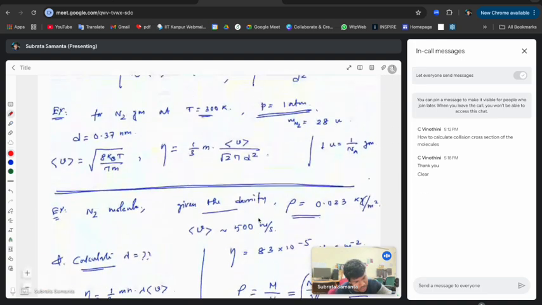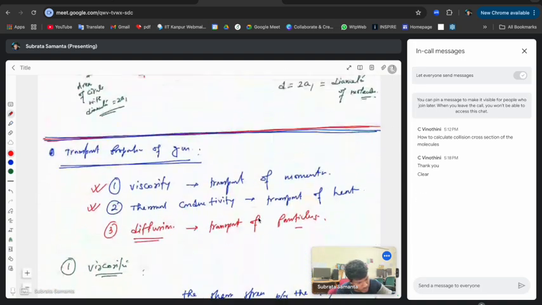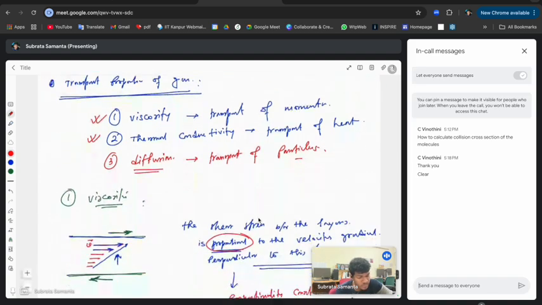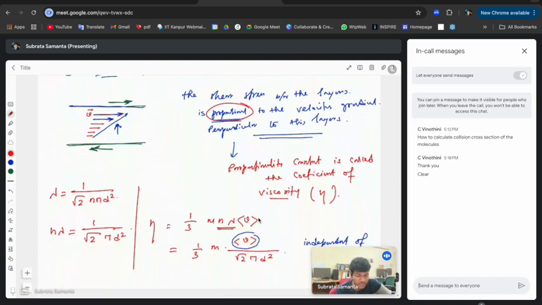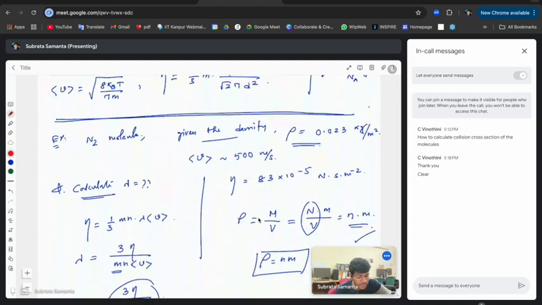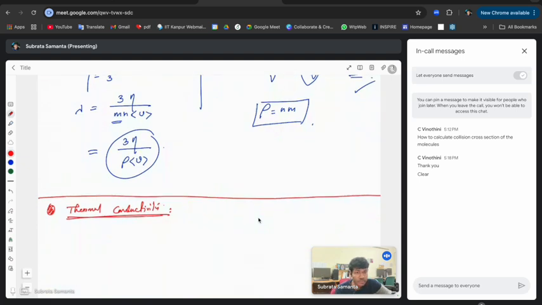Here, what I wrote is the transport of heat. The viscosity is the transport of momentum, basically the velocity gradient, and thermal conductivity is the transport of heat.